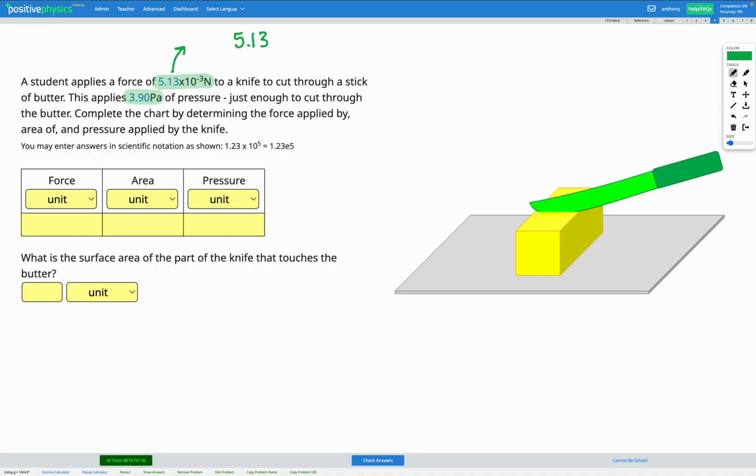So it's to the power of negative 3, so I'm going to move my decimal point 1, 2, 3. That gets me 0.00513. I'll write that out again here: 0.00513 newtons. That's my force. I can fill that in here.